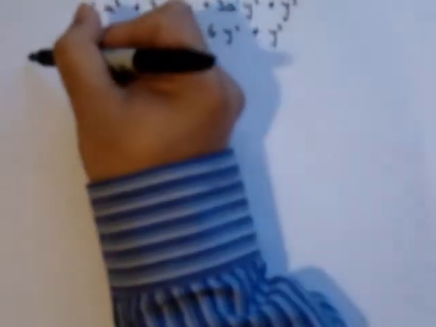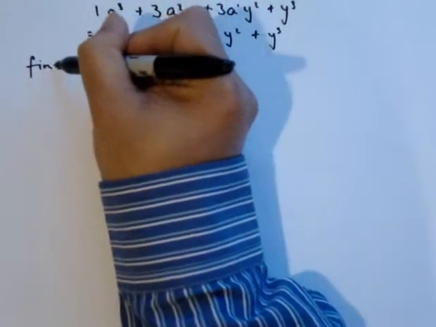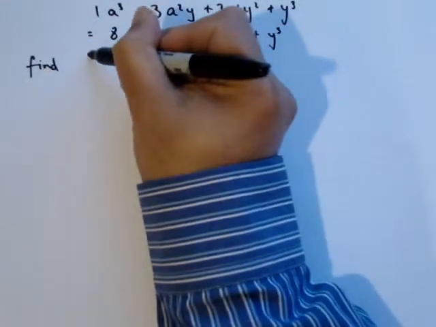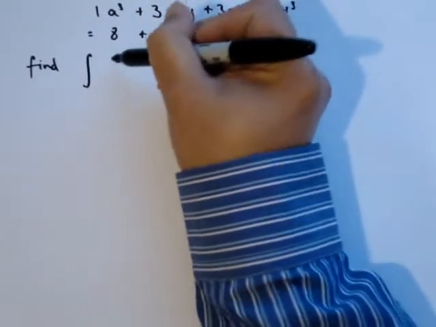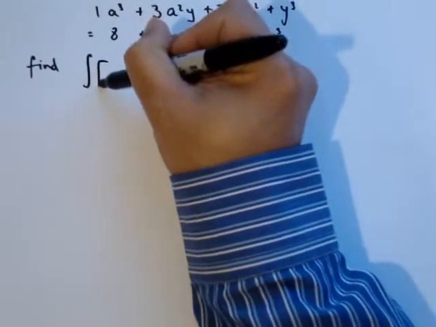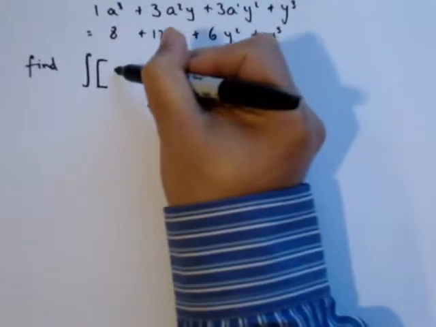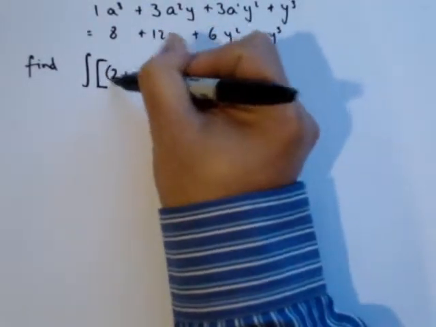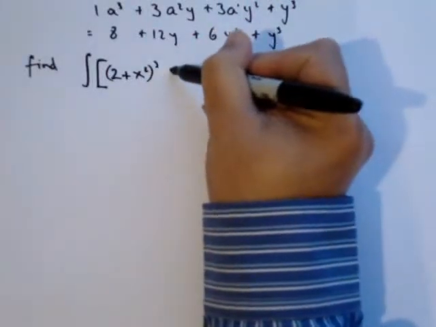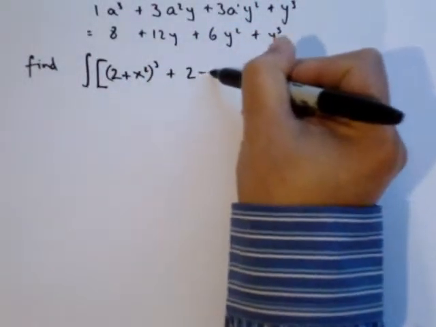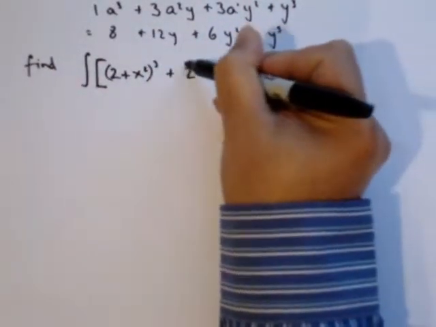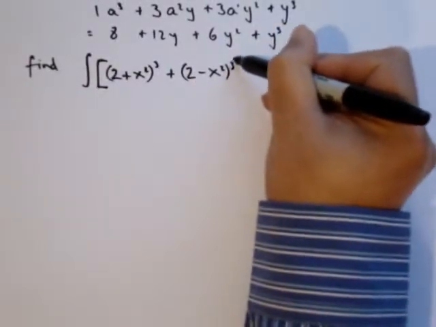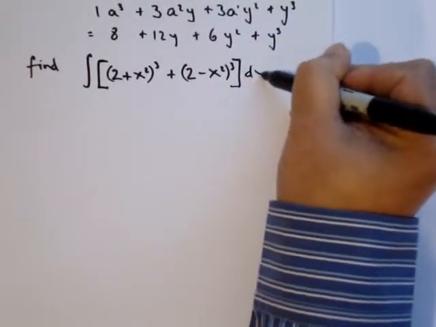So now we're asked to find the integral of (2 plus x squared) to the power 3 plus (2 minus x squared) to the power 3 dx.